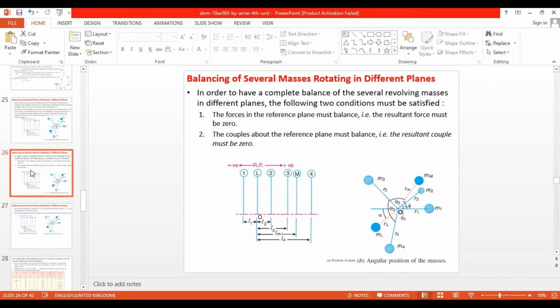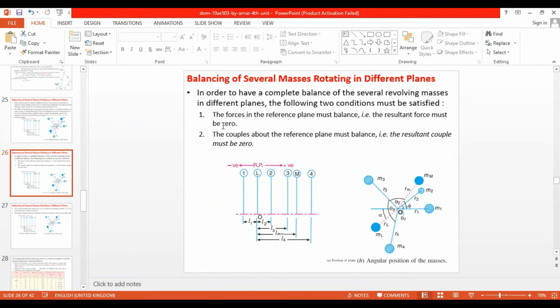In order to have a complete balance of several revolving masses in different planes, the following two conditions must be satisfied. First, the forces in the reference plane must balance, that is, the resultant force must be zero.